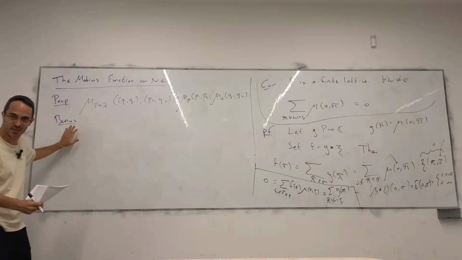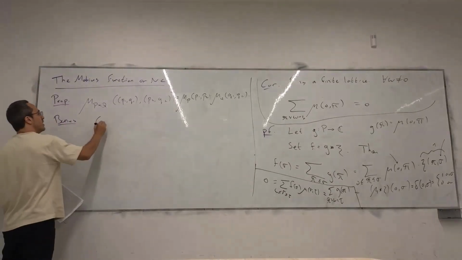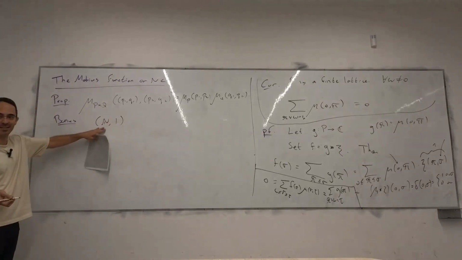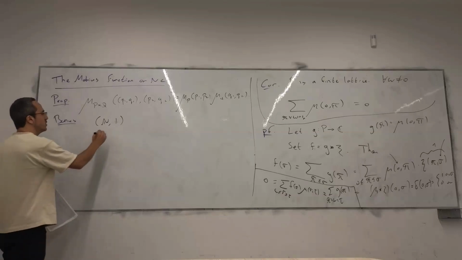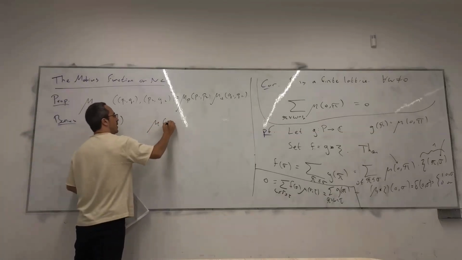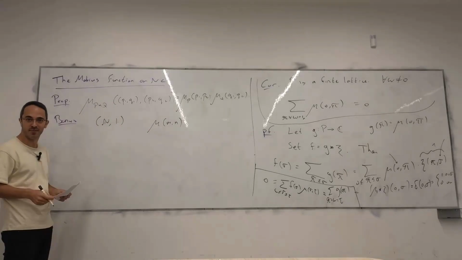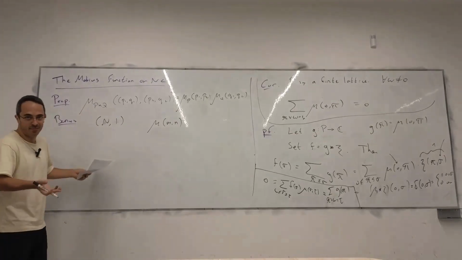But let's do that first. So what we are considering is this poset, or really lattice, with divisibility. And what I want to do is to compute mu of m, n for every m that divides n, smaller or equal than n. That's what you should do if you want to compute Mobius of that.